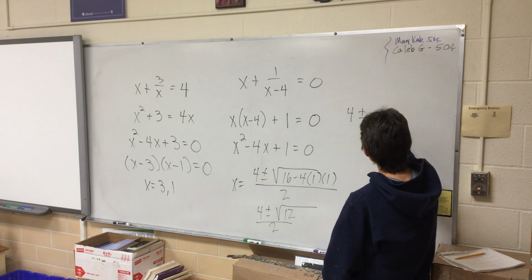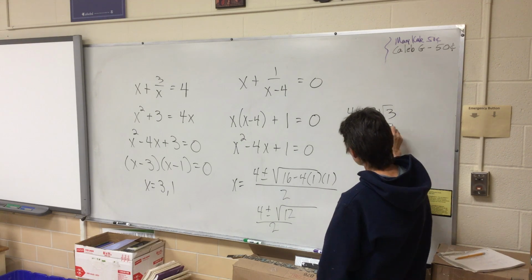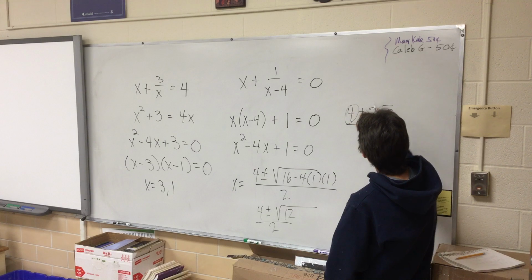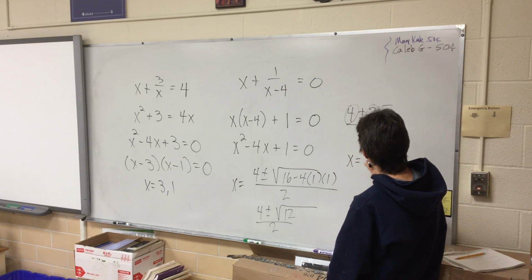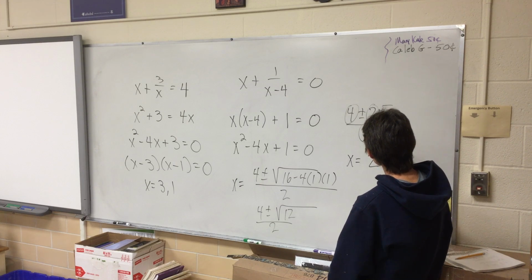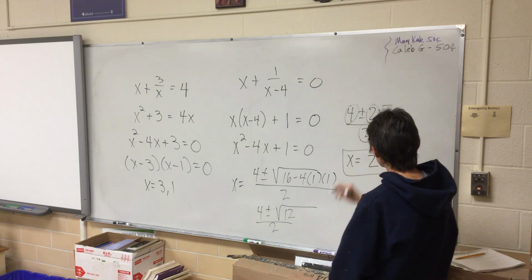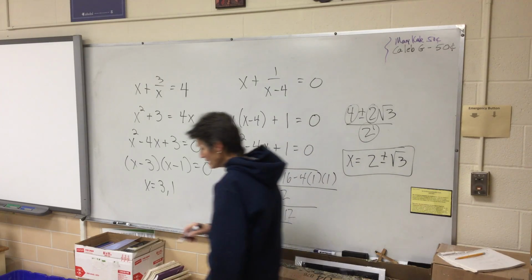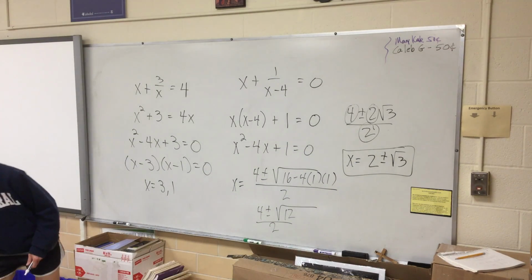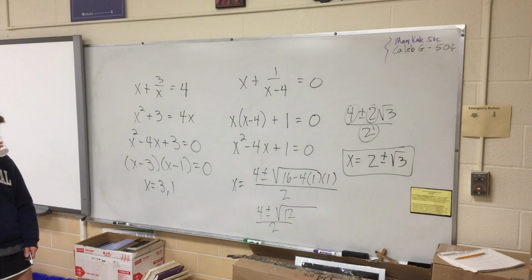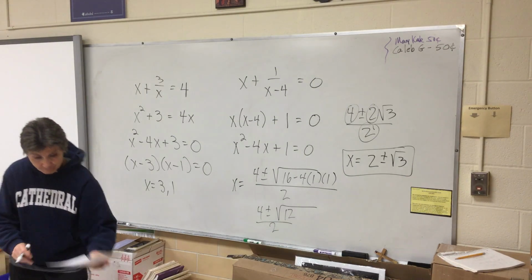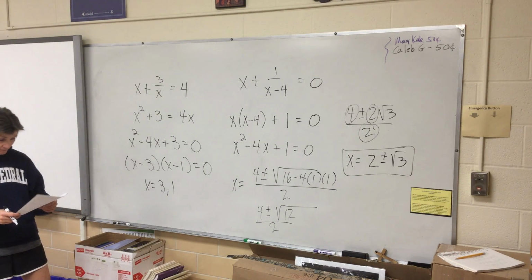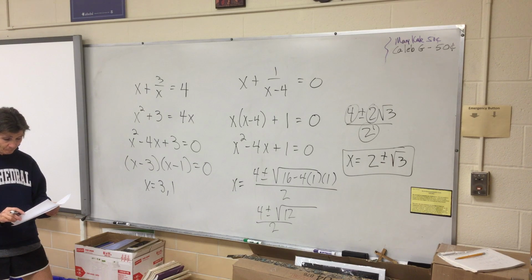Square root of 12 is 2 root 3. Now you can cancel. So our answers are 2 plus or minus root 3. Not very nice looking answers, but that's what we've got. Everybody okay with that?